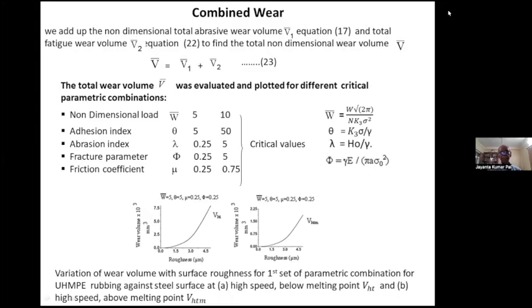So above melting point means there will be a transfer layer on the rubbing surface. And this will modify the surface roughness, or rather smoothen the surface to some extent. And hence we would expect less abrasion. And that is shown in the figure.